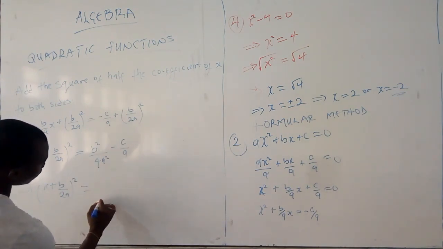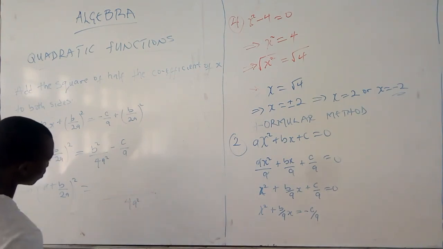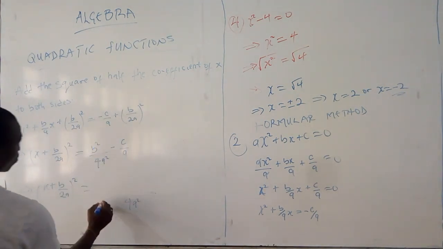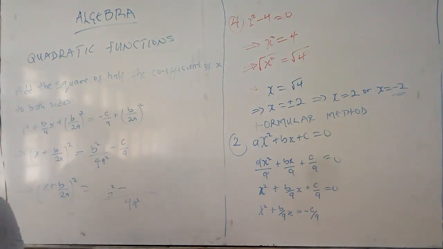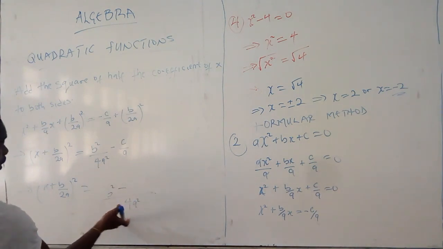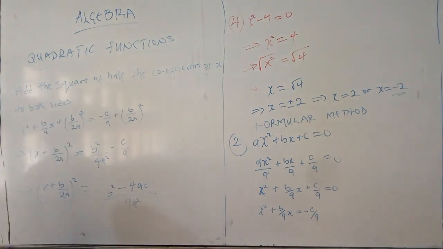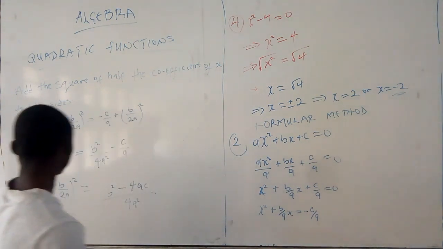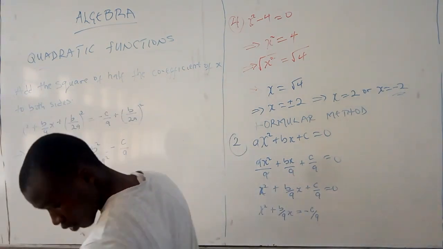So if you take the LCM of this, 4a square, then this and this is 1, so you have b square minus a in 4a square is 4a. 4a times c, you have 4ac.